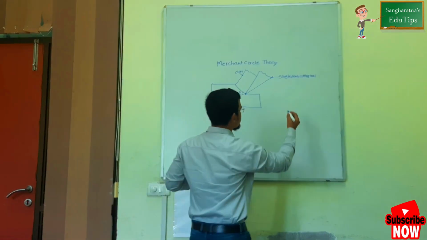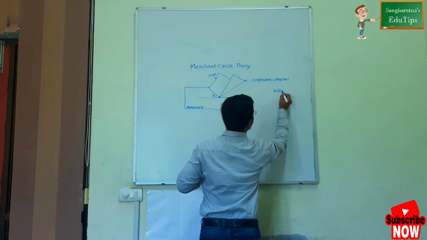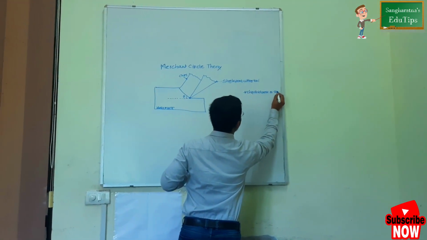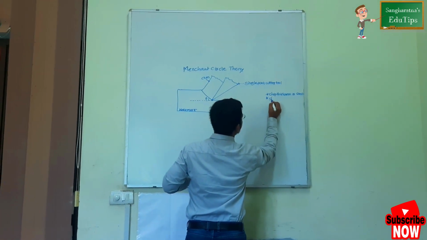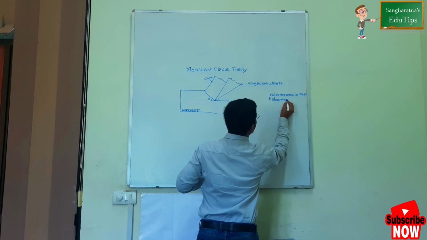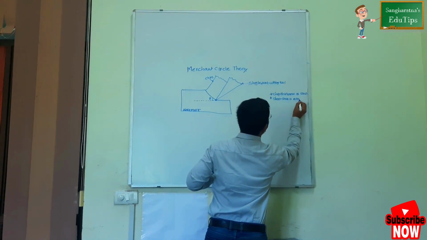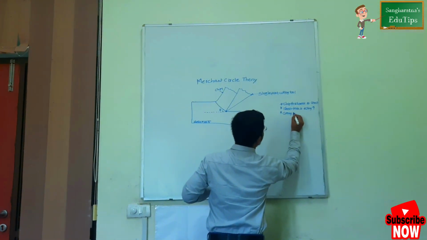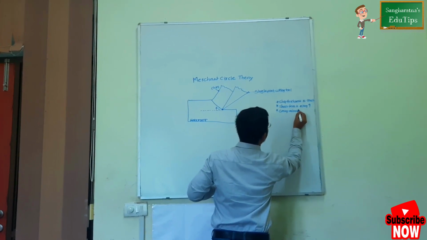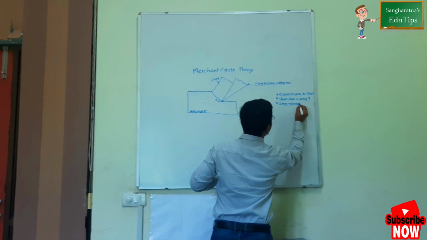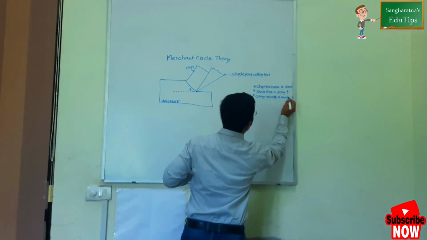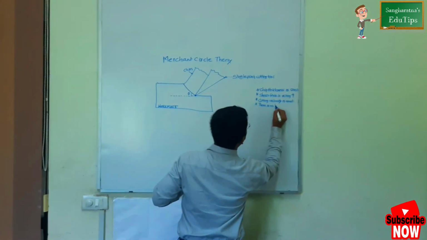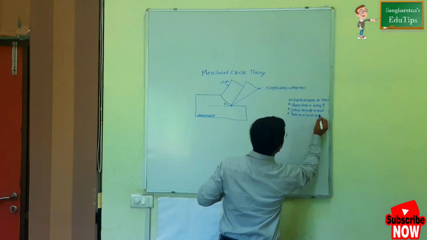The assumptions are: the chip thickness is constant, the shear force is acting upward, the cutting velocity of the tool is constant, and there is no built-up edge.